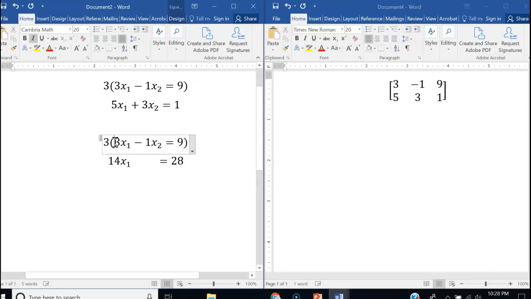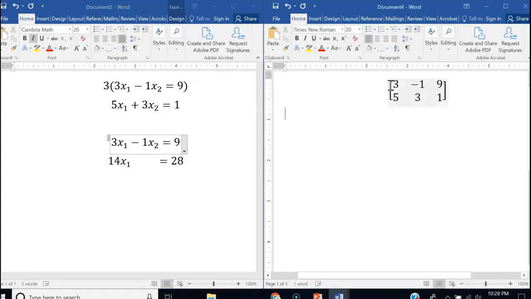So there we go, my new system would be that one. That's very similar to what we did earlier. In fact, these are the same equations.